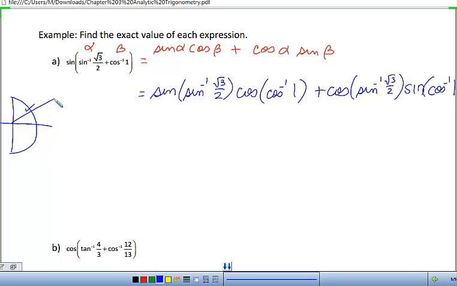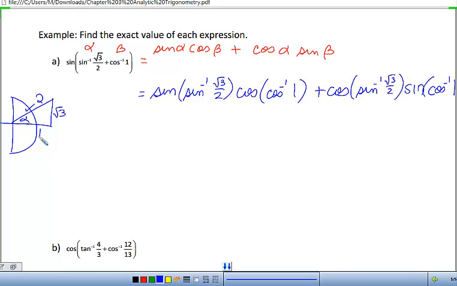I know I need to be in the first quadrant because we're talking sine inverse and I've got the positive value there. If I don't know what the angle alpha is, I do know that sine of that angle has to be root 3, my opposite, over 2, my hypotenuse. And of course, that gives me 1 there.